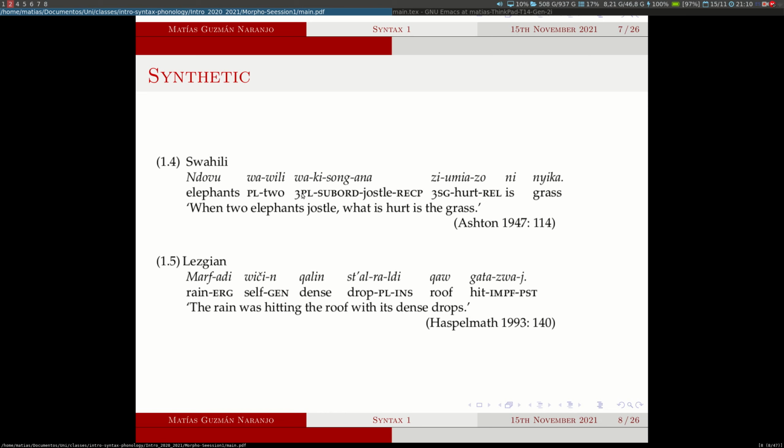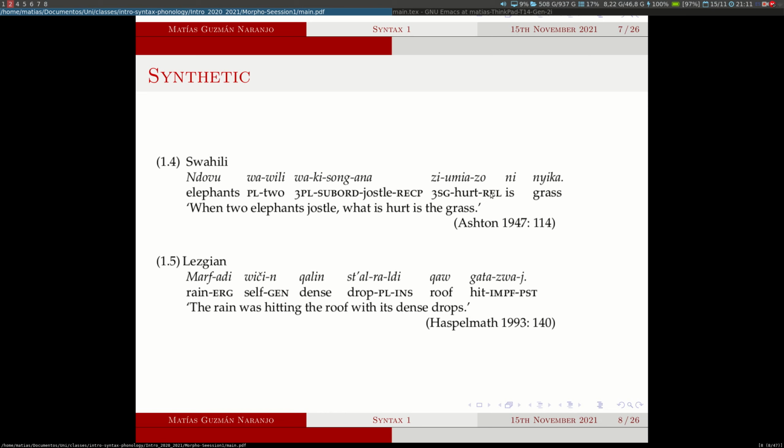You have a third plural. In this case, I am going to guess it's the subject. Then you see a subordinator, which is key, and then you have additional markers here, which I don't remember exactly what it is. Here again is a third singular, the verb heard.